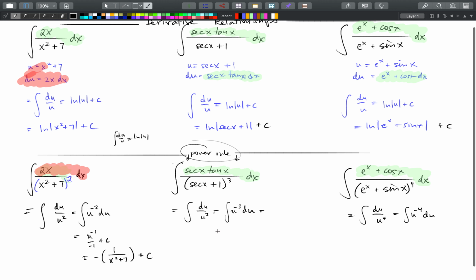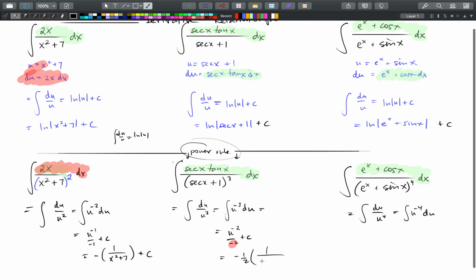Likewise, on the second problem of this set, u to the negative 3 integrates to u to the negative 2 over negative 2 plus c. And so this is simply negative 1/2, and that's coming from the negative 2, multiplied by 1 over u squared, and the u was secant x plus 1.